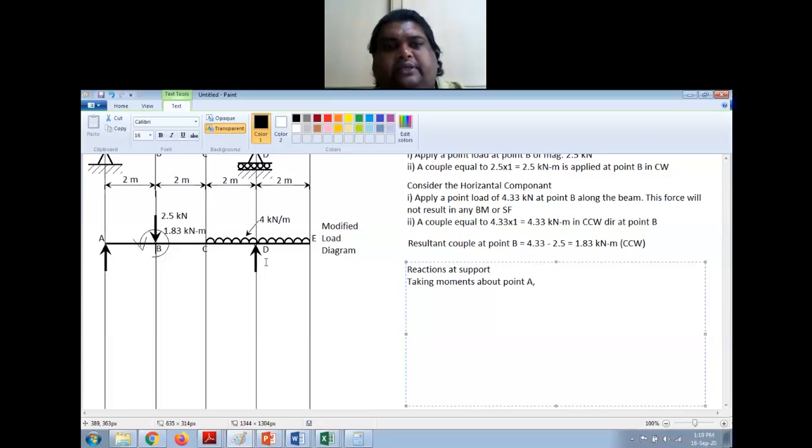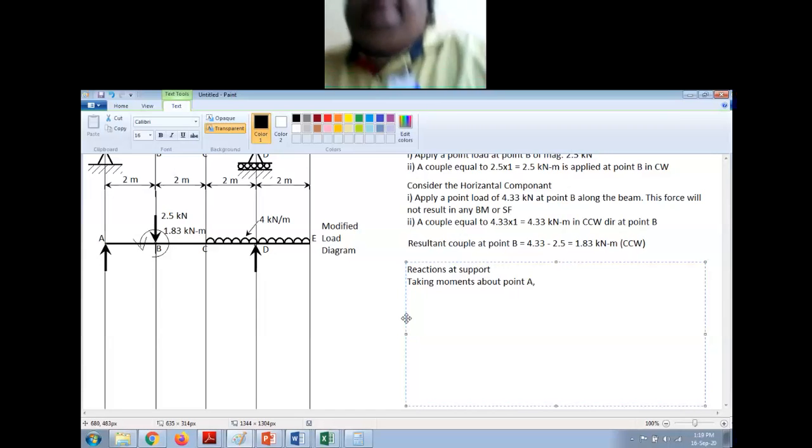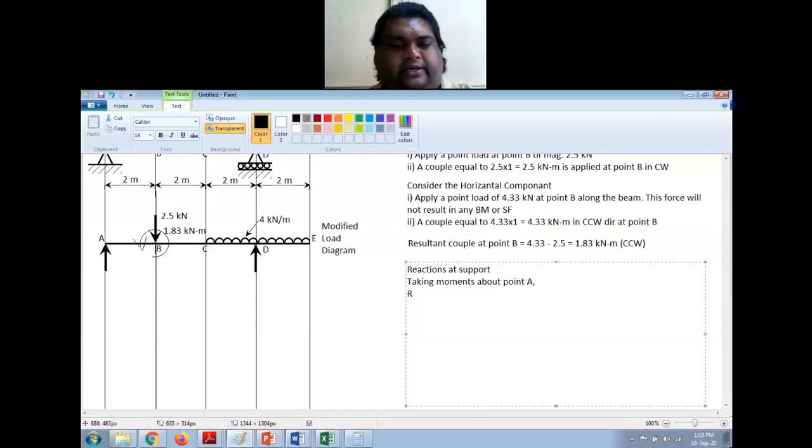Right side counterclockwise is positive. So this is RD here. So I write RD into 2 plus 2 plus 2 is 6 meter.